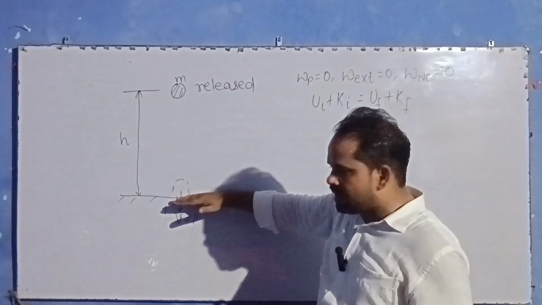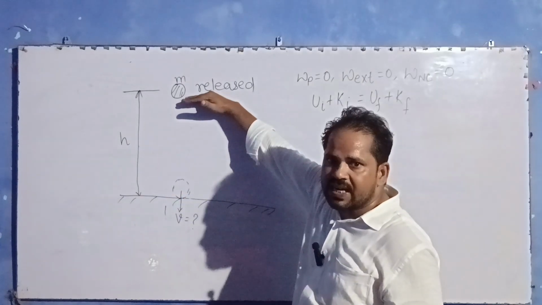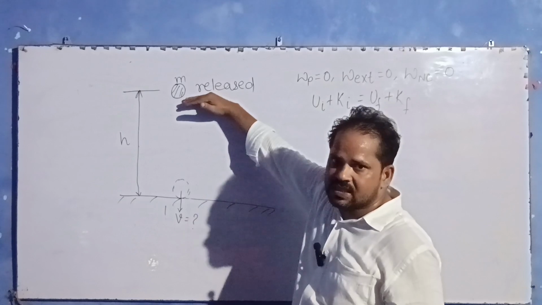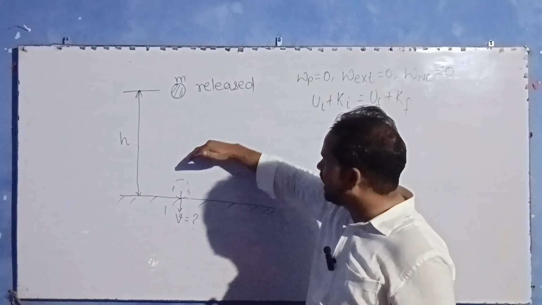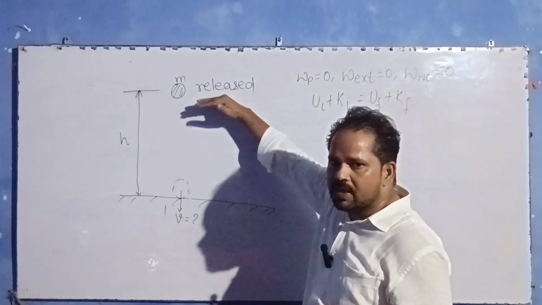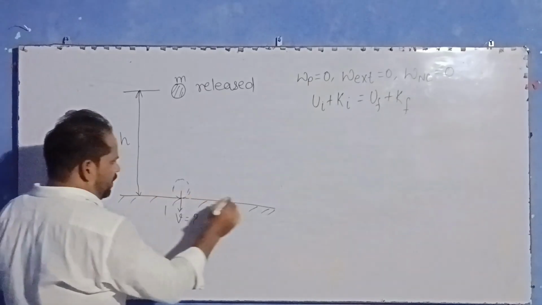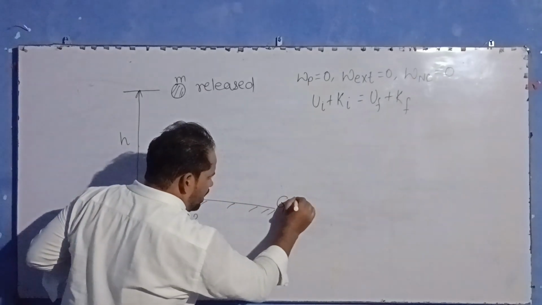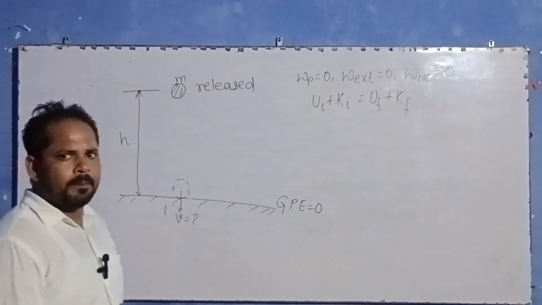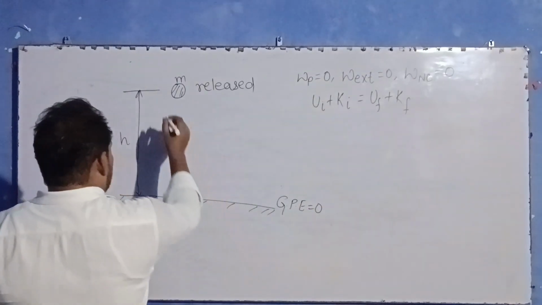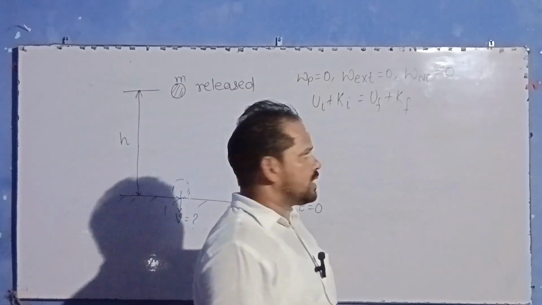If potential energy at this level is 0, then at this height it becomes mgh. So for easy calculation, we consider this as gravitational potential energy equal to 0, the reference. Now at height h, gravitational potential energy becomes mgh.